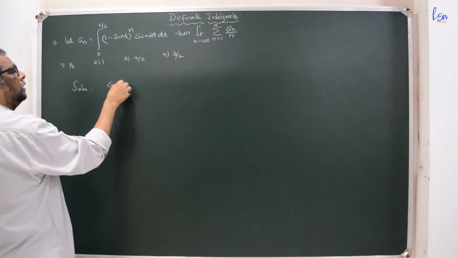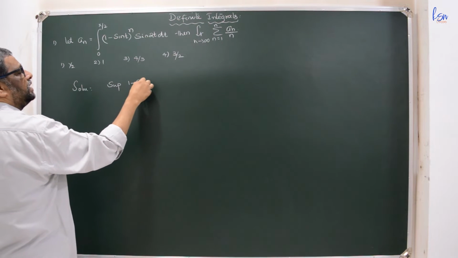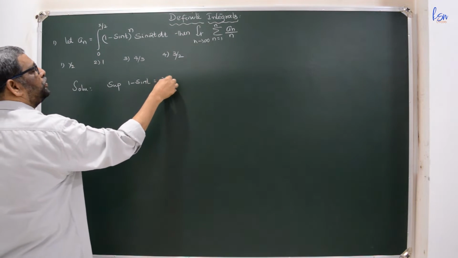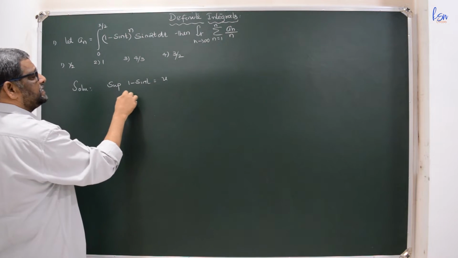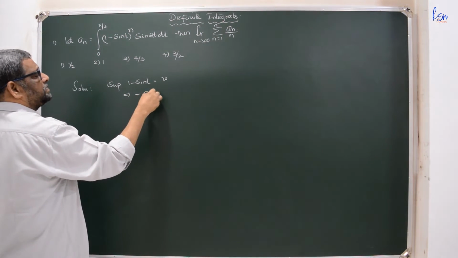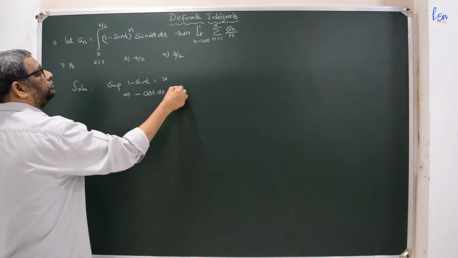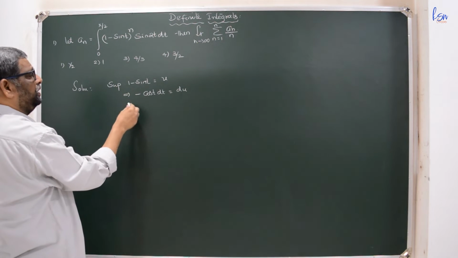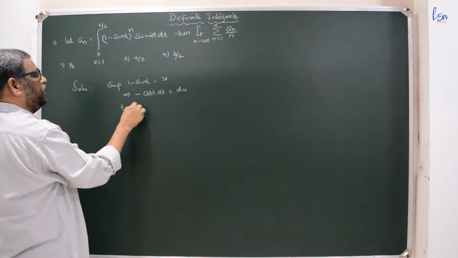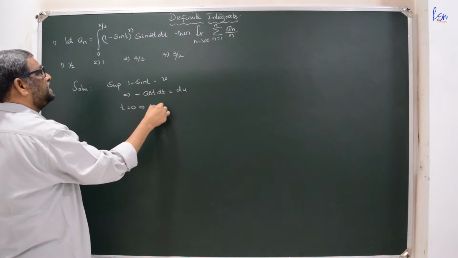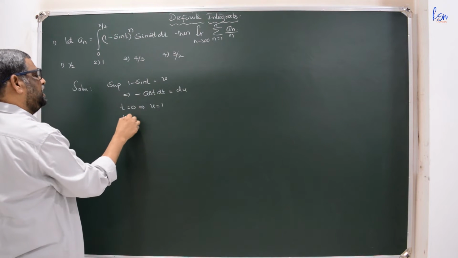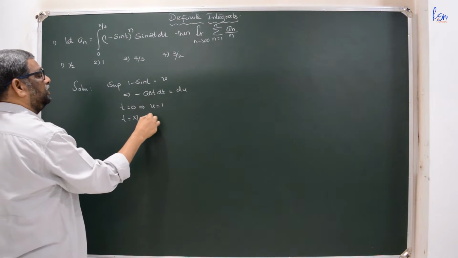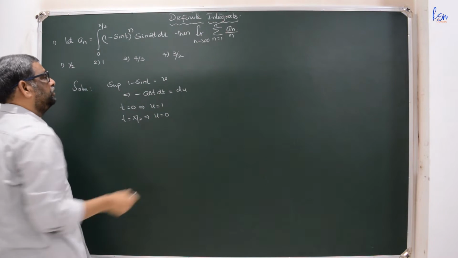Suppose 1 minus sin t is equal to u, which implies minus cos t dt is equal to du. Now, if t is equal to 0, then u is equal to 1. If t equal to pi by 2, u equal to 0.